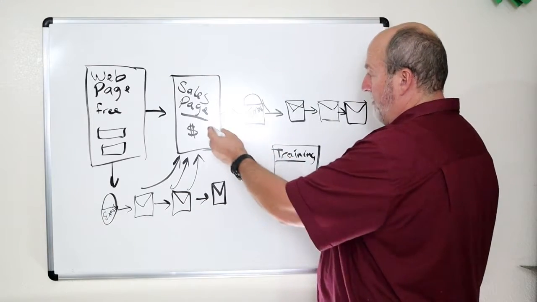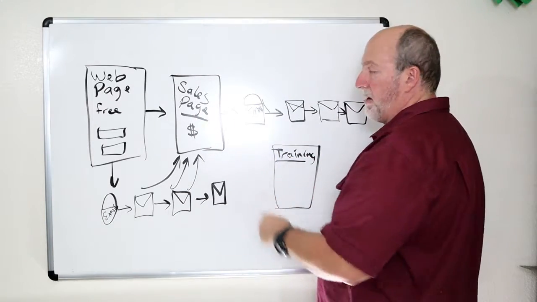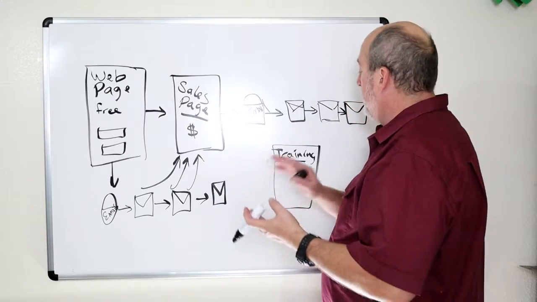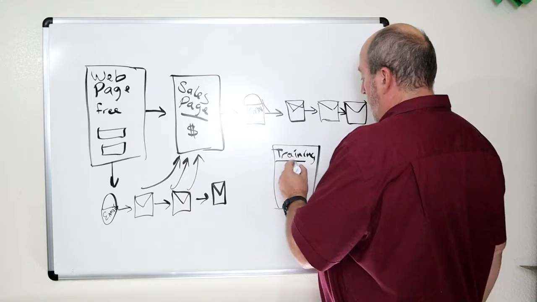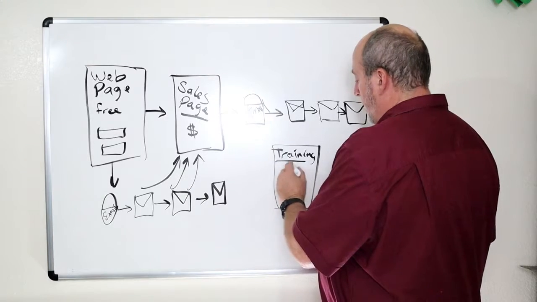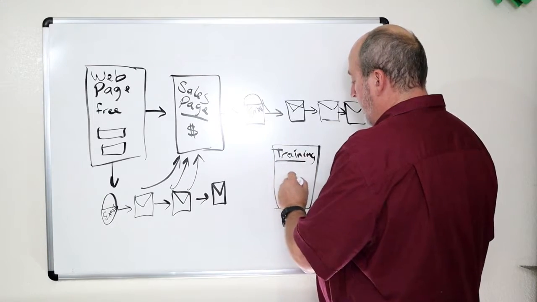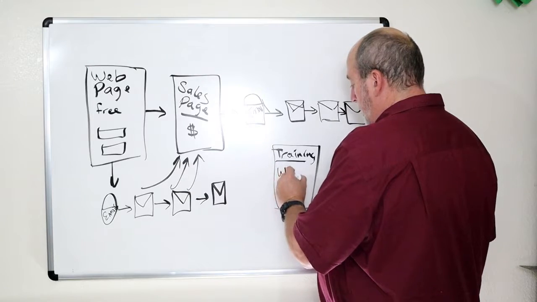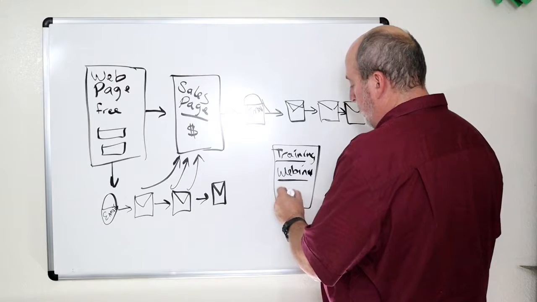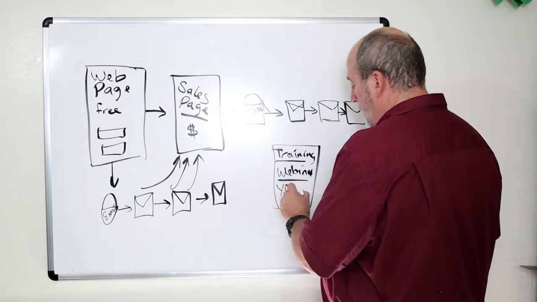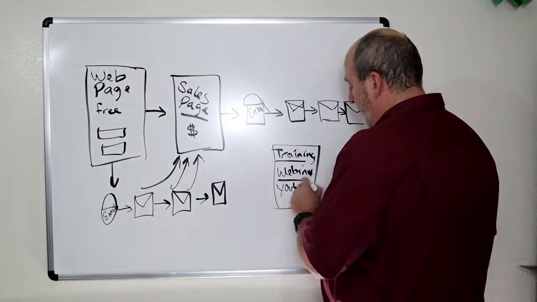But if they've purchased something here, that tells me that they're interested in what I had. They're interested in me. So there's some interest there. So I want to continue with some training, or say another webinar, or I can send them to my YouTube videos, like this video I'm doing for you.